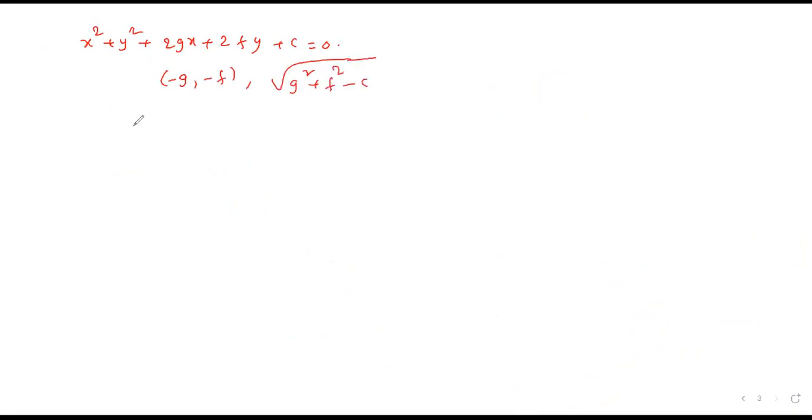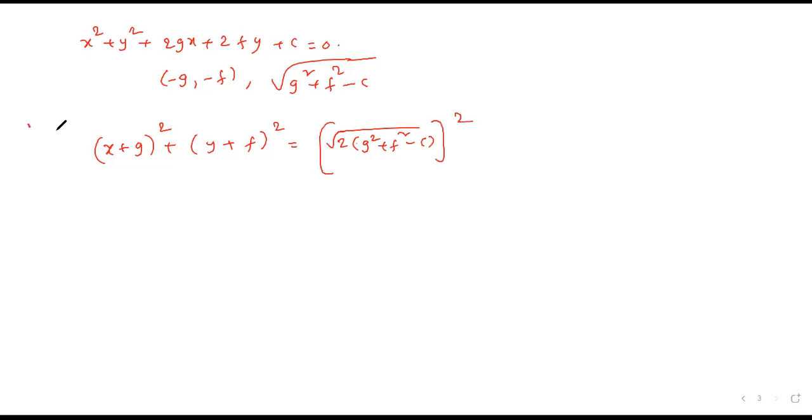So for this circle also, you have to take the same center, but with radius root 2 times its radius. So the circle equation you will get is x plus g whole square plus y plus f whole square equals root 2 into root g square plus f square minus c, whole square. So this is the director circle of the general circle x square plus y square plus 2gx plus 2fy plus c equals 0. To find the director circle, just take the same center, and the radius is root 2 times.